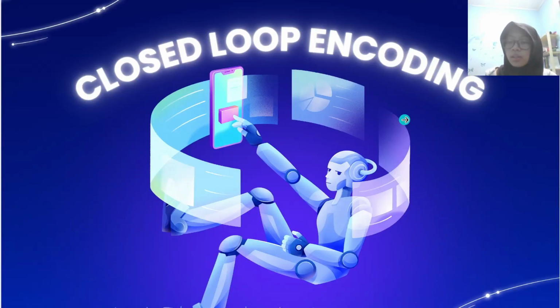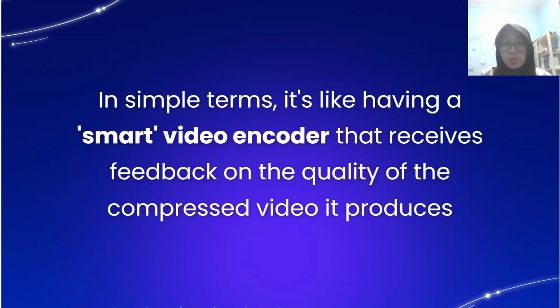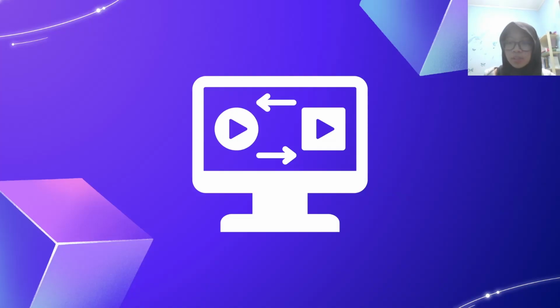Next, we learn about closed loop encoding. What is closed loop encoding? It's like having a smart video encoder that receives feedback on the quality of the compressed video it produces. You can picture it as an encoder continuously receiving feedback about the quality of the video it produces.